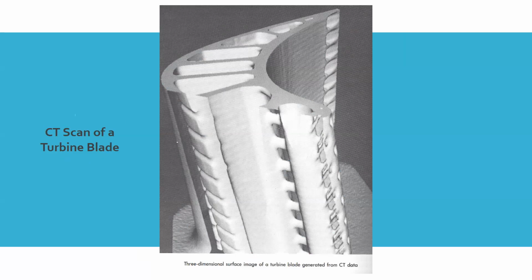And so again, this isn't going to be just Joe's overhaul shop. It's going to be some kind of dedicated facility, or a manufacturer that's going to use this. But again, you would be sending stuff to the CT scanner to be looked at if it needs that level of investigation. Okay. So that ends radiography.